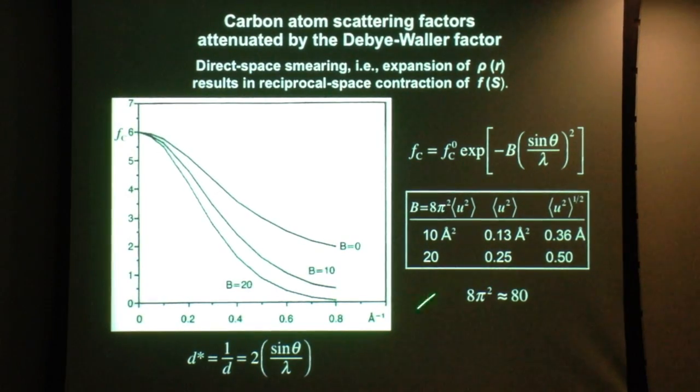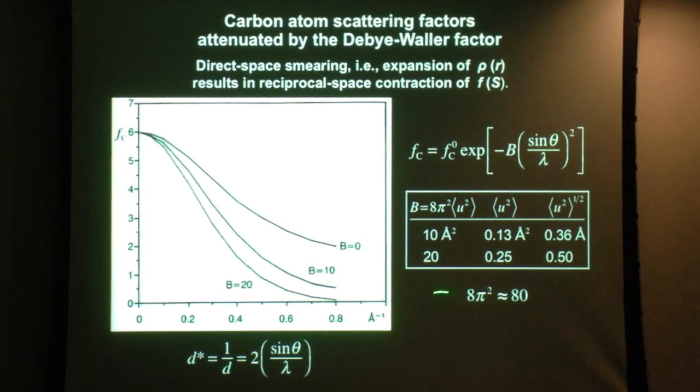So the way you can, in your head, easily convert from mean squared displacement to B factor, or the other way around: very often what you see for the structure you're looking up is a tabulation of the B factors, but what's really physically important is the root mean square displacement of the atom that has that B factor.